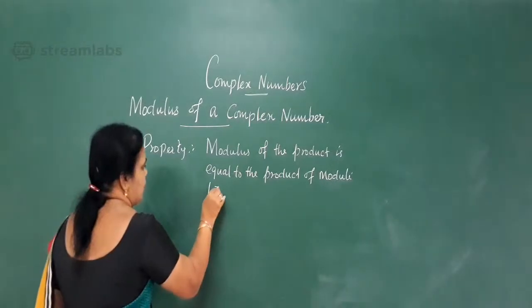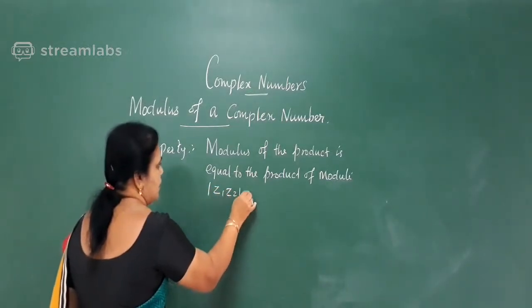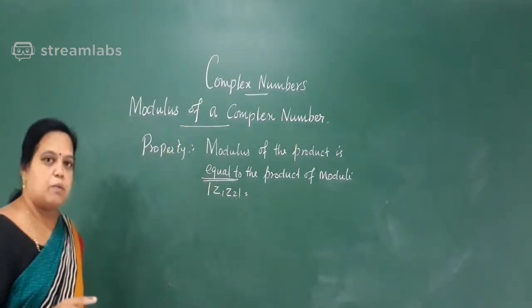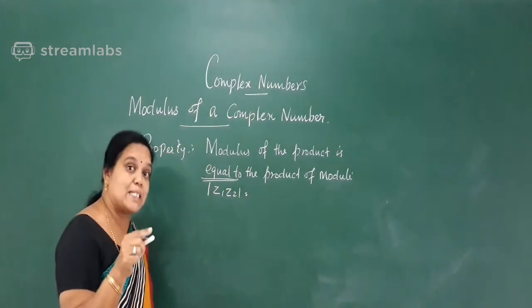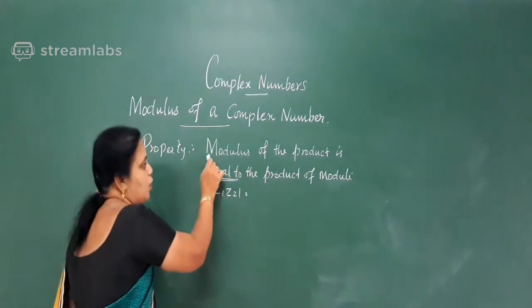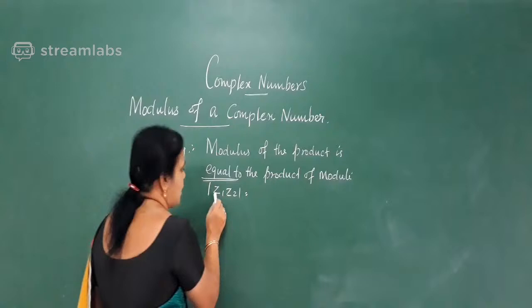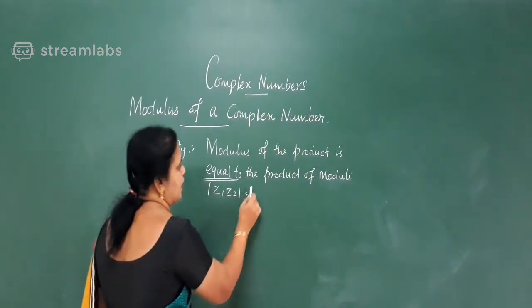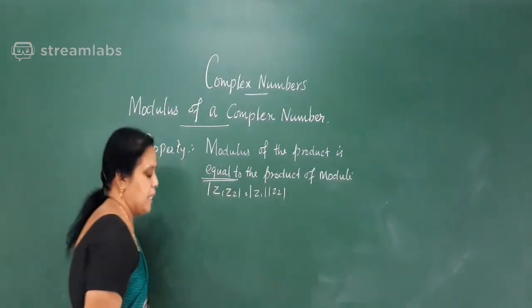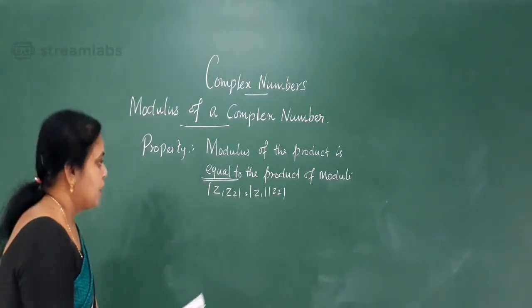See, mod z1 z2 is equal to that, but modulus z1 plus z2 is less than or equal to, that's why it is known as the triangle inequality. Here modulus of the product is equal to the product of modulus. This is the meaning here, isn't it?